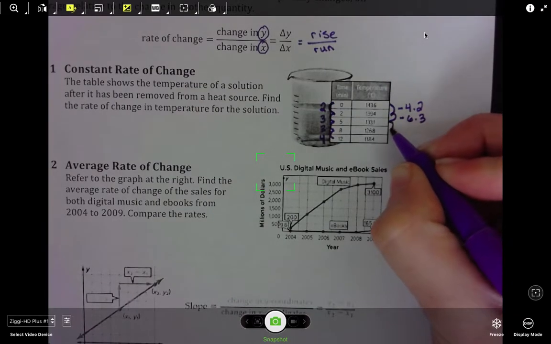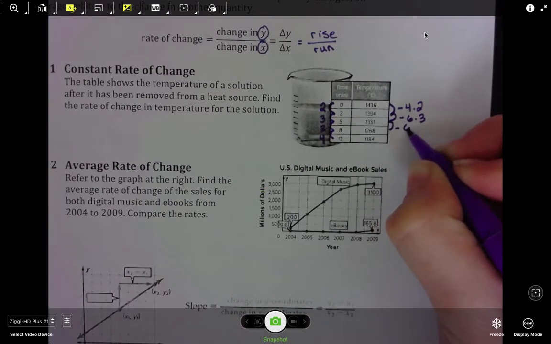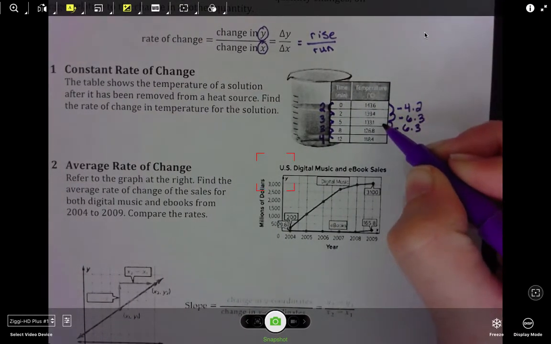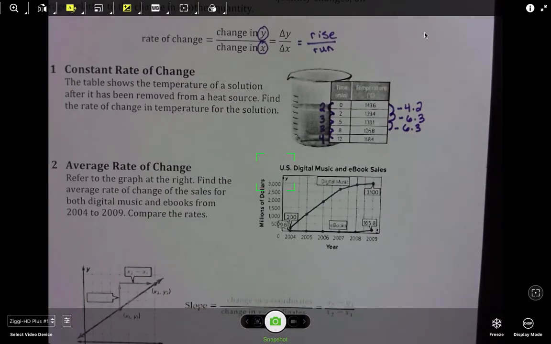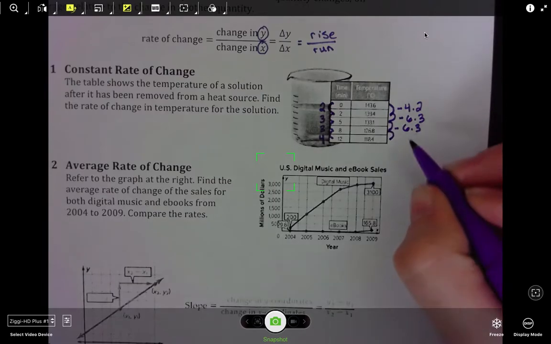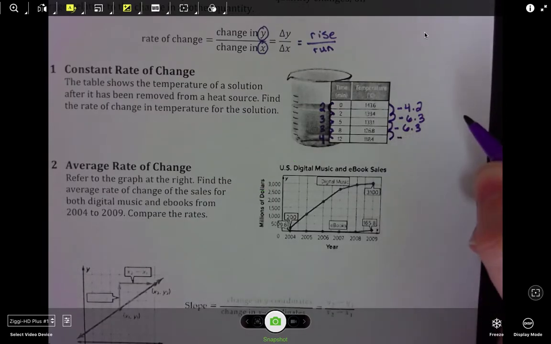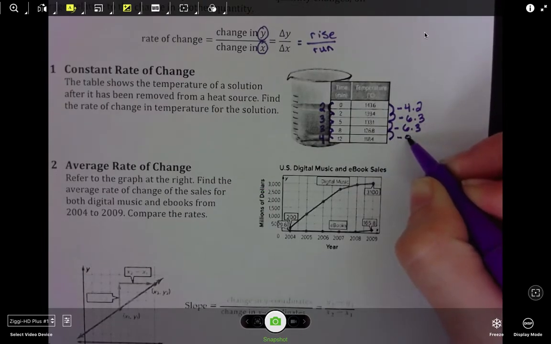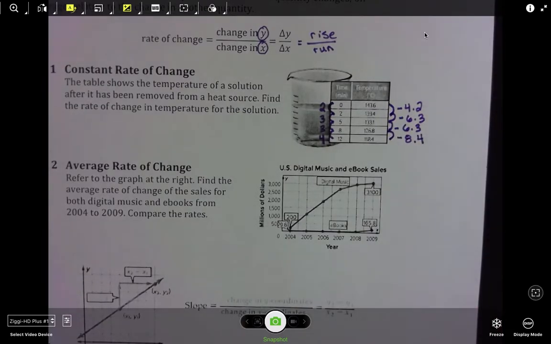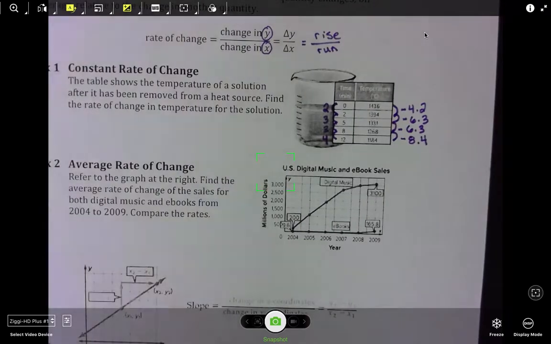The next one is also a drop of 6.3 degrees, so I represent that as a negative 6.3, going from 133.1 to 126.8. And then from 126.8 to 118.4, that's a drop of 8.4 degrees, I think is what it is. Yeah, 8.4 degrees.